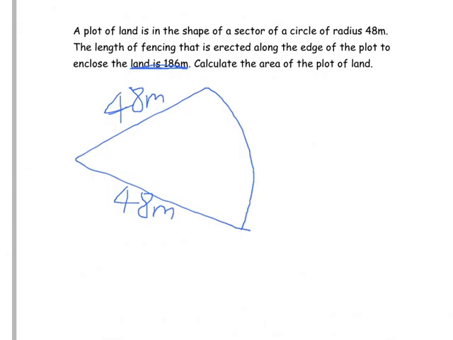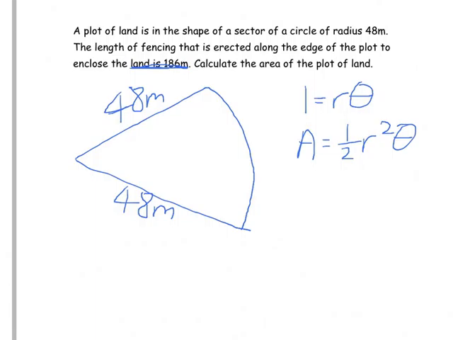We've got to use the two formulas we've been using, which is the length is equal to r theta, which is the arc length, which we looked at in the previous video, and then we're also going to need our other rule, which we've just done in this video, which is A is equal to a half r squared theta. Because if we can find out this length here, we can then use this formula to find out what our angle at the centre is, and then we can use our bottom rule to find out what the area of the plot of land is.